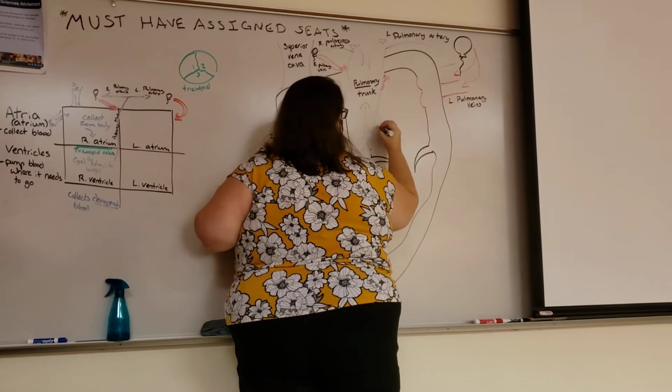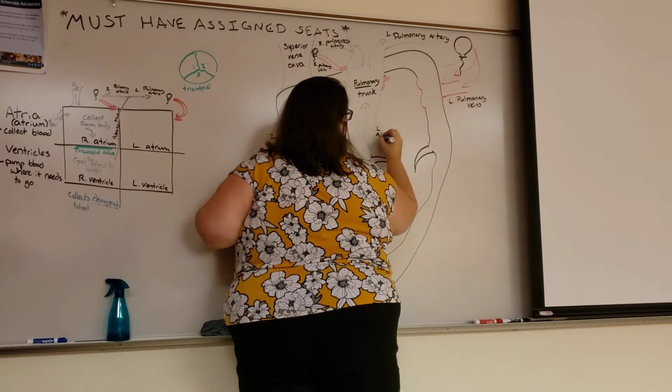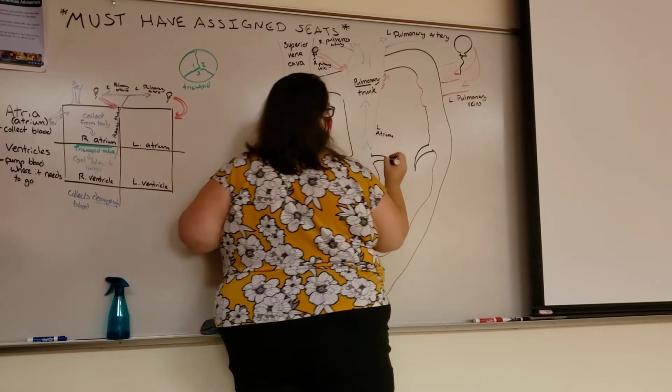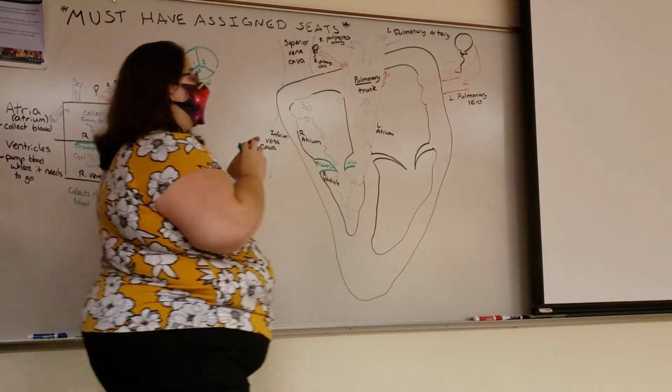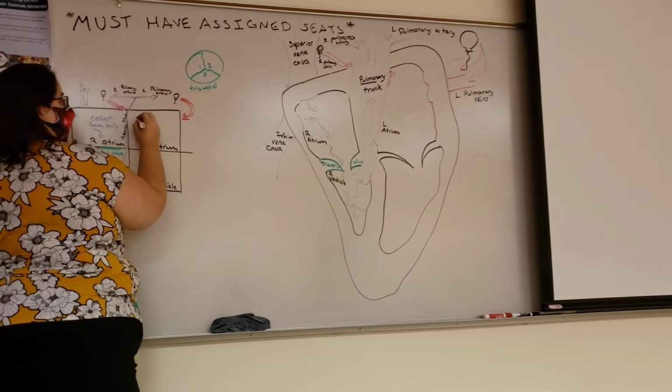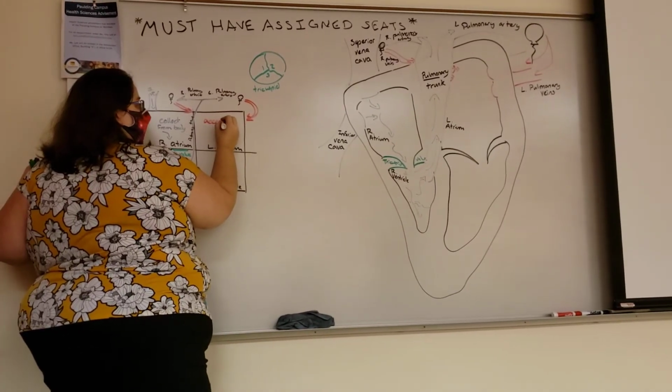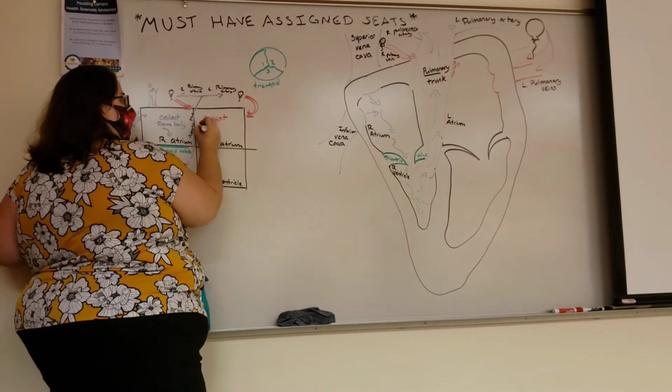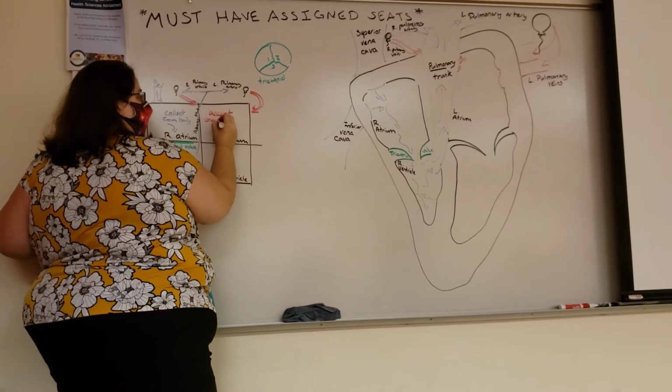And this is your left atrium. Okay. The job of your left atrium is to accept oxygenated blood from the lungs.